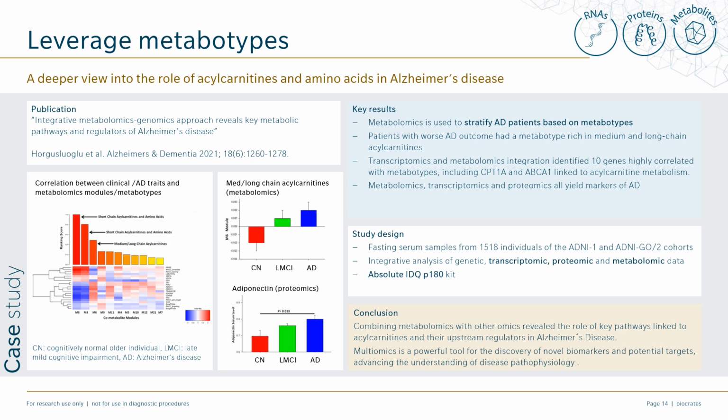Changes in RNAs and proteins were also measured and associated with these metabotypes, including with genes related to acylcarnitine metabolism and transport. So this also showed the power of using metabolomics to find new biomarkers and also of combining different omics to focus on specific pathways and specific markers in each pathway.